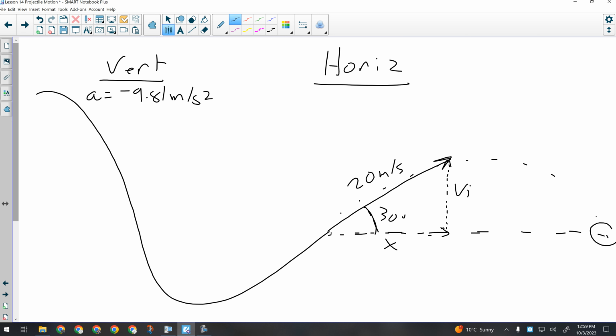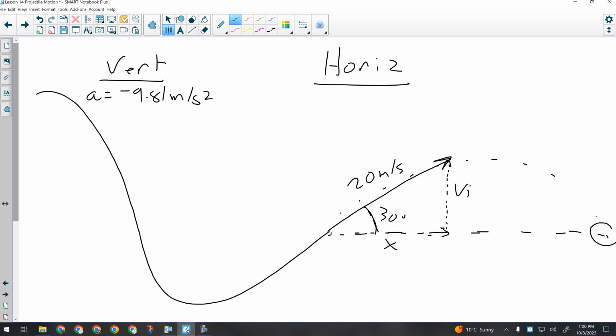What's different is now my VI vertical is not 0. So I need to calculate it. What I have is this 20 meters per second. Notice I didn't write that as a given in either the vertical or the horizontal parts because it isn't either one of them. It's 20 meters per second, 30 degrees above the horizontal. It is not horizontal, nor is it vertical. But it does have a horizontal component and a vertical component. Can I calculate those two things?